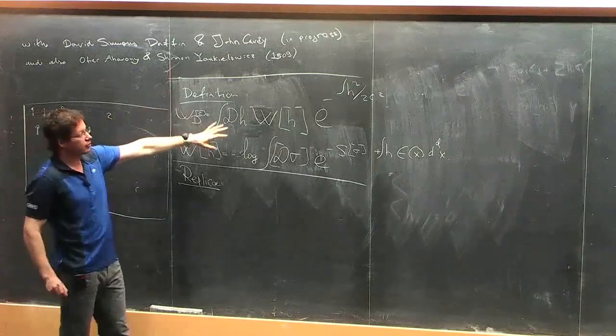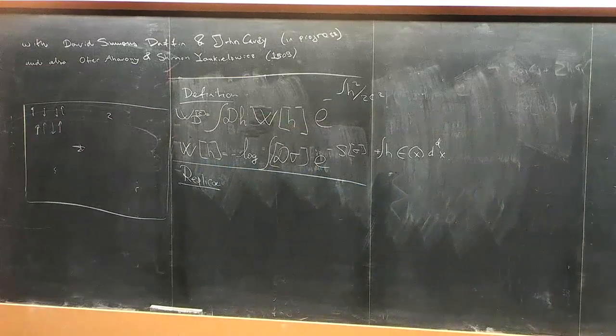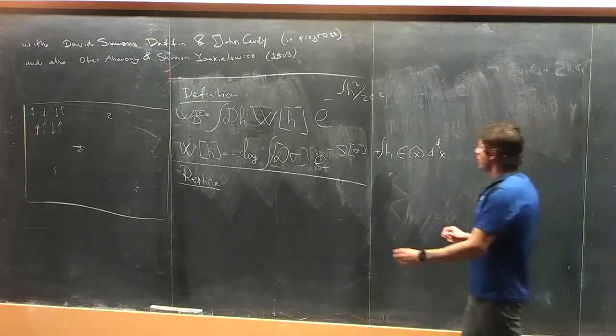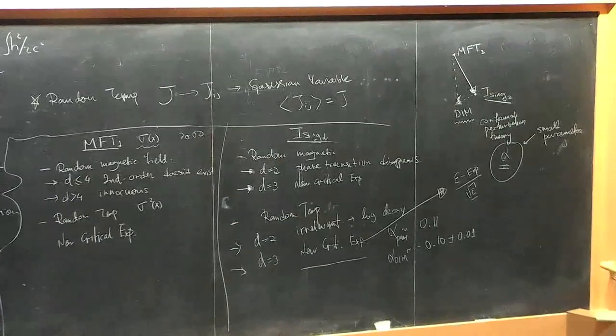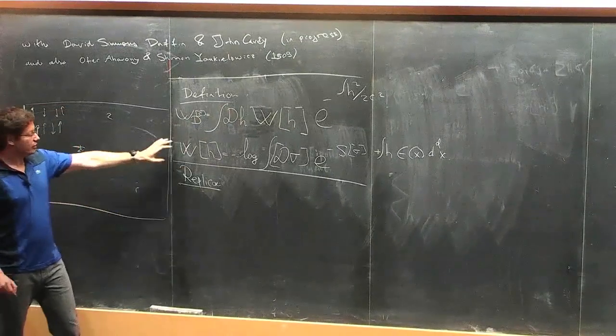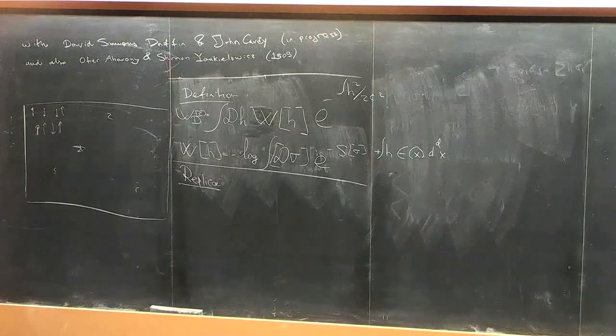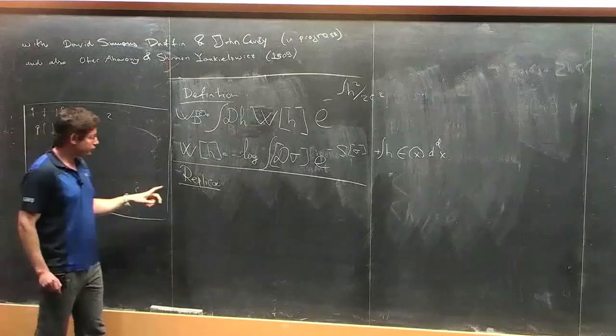But for anything that I'm going to do, because there is this underlying assumption that I'm going to do an expansion in C because the disordered model is supposed to be pretty close to the pure model, it won't matter. So you can reproduce all the results by a direct study of this path integral as a function of C, and you don't need the replica trick. But the replica trick makes the computation a little bit quicker. So for me, it's just a technical tool. It's not something that I must rely on.